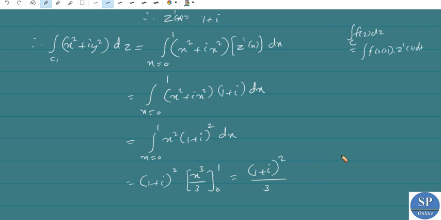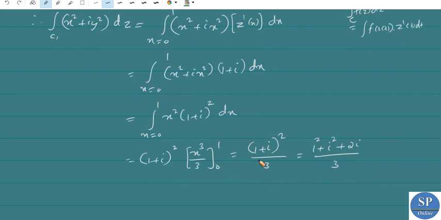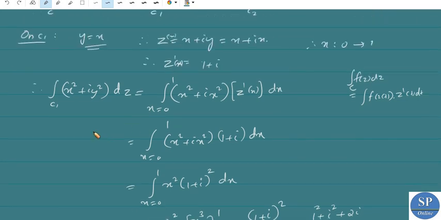So expanding this we have 1 square plus i square plus 2i divided by 3, which is nothing but 1 square is 1, i square is minus 1, so 1 minus 1 is 0, so 2i by 3, that is 2 by 3 i, which is the integral of this function f of z on c1.